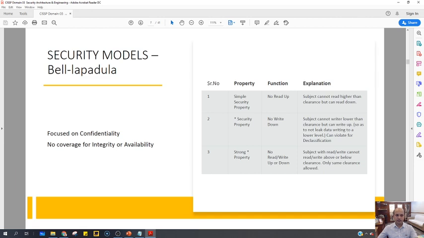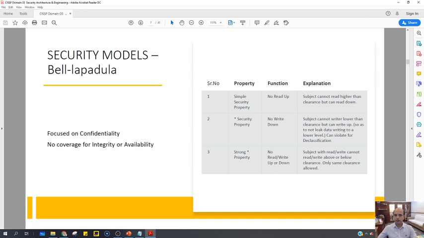It means that a trusted subject can violate the star security property. We will discuss what exactly the star security property is. Star security property is no write down. It means a higher clearance subject cannot write something to a lower clearance object, also in the event of a declassification. And we call it MAC, mandatory access control.